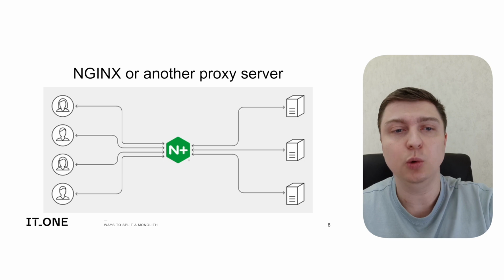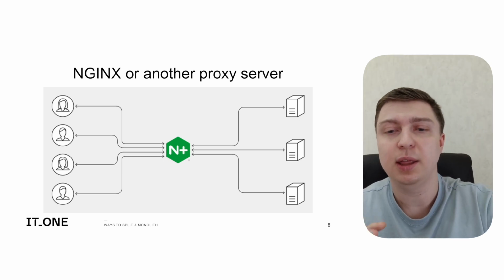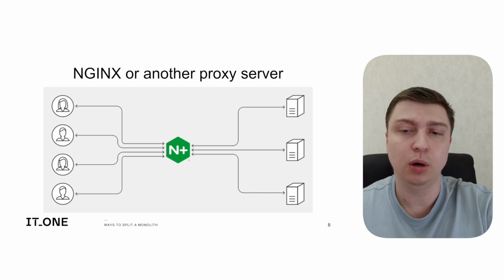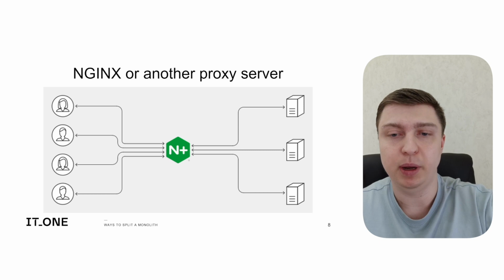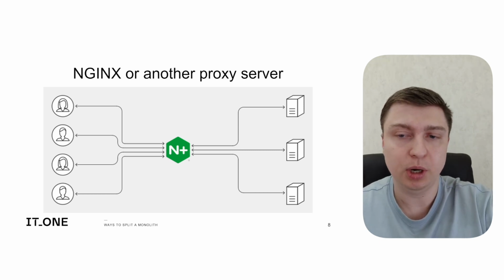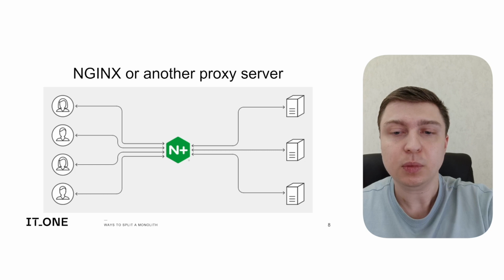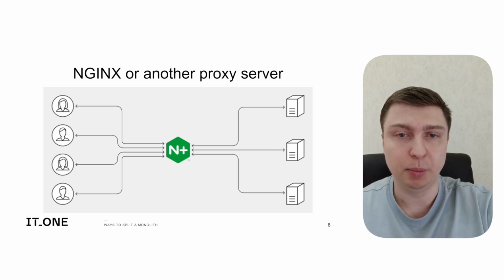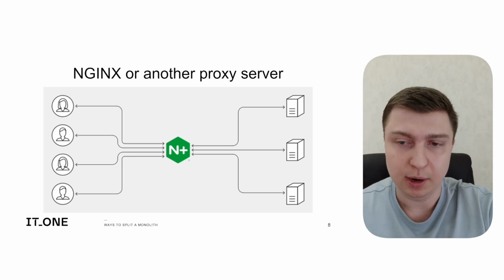Another way is using NGINX or another proxy server. This is the most controversial and non-obvious way. It is implemented simply. Some pages of your application will be laid out into a separate bundle with the help of NGINX or another proxy server, and loaded as a separate application. Of course, there are many disadvantages here.